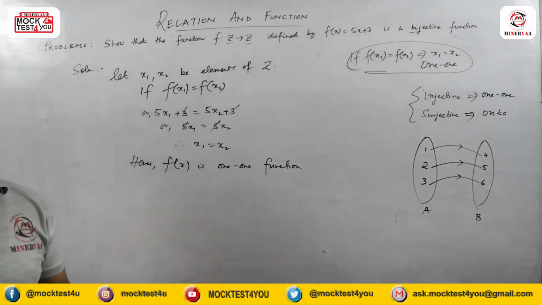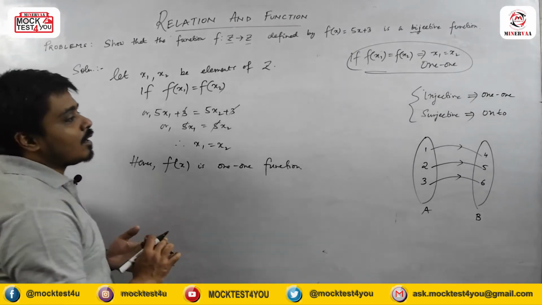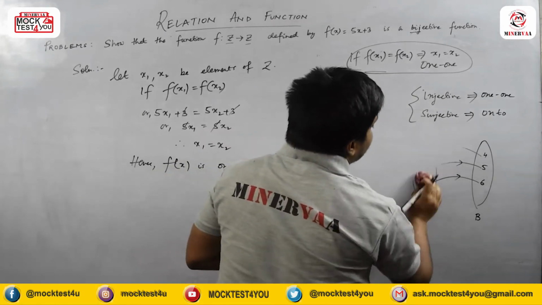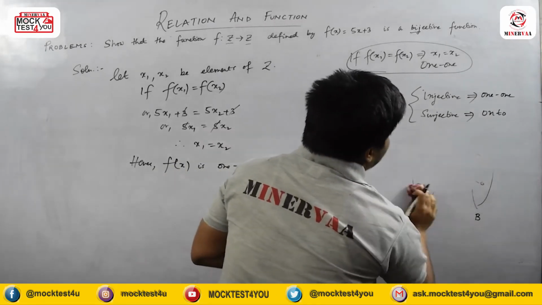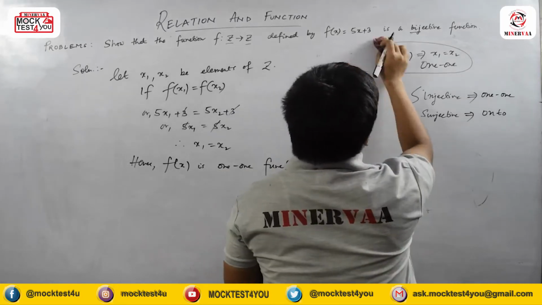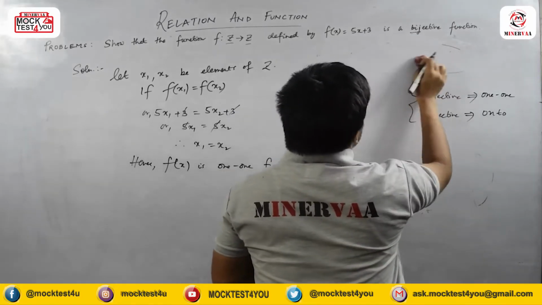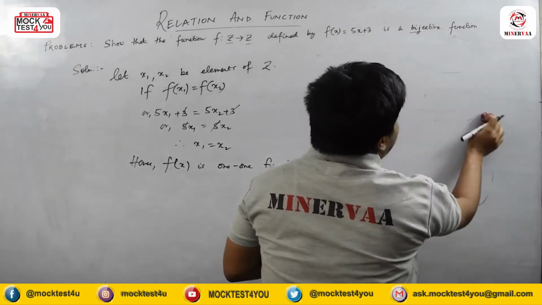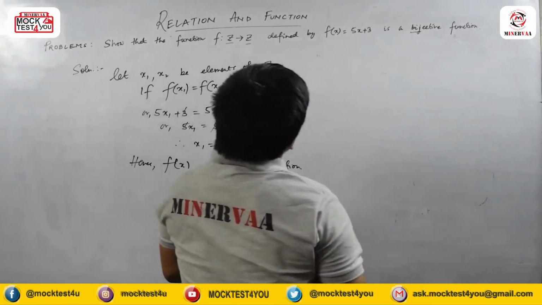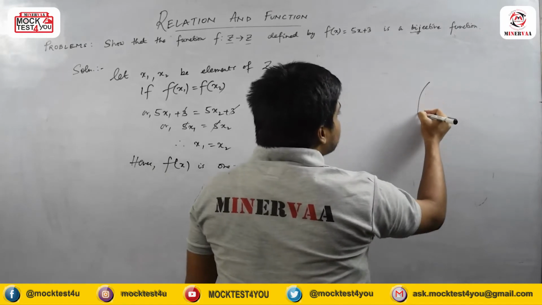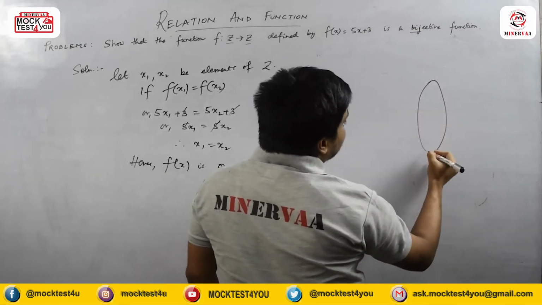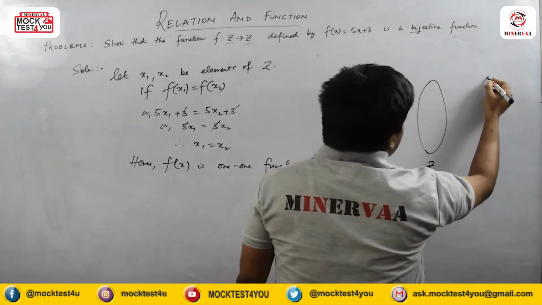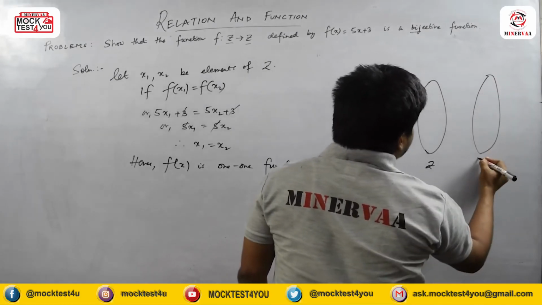Now how do we prove for the function to be onto? Now listen very carefully. For onto, what was the condition for onto? The condition for onto is, suppose we have Z in here and Z in here.